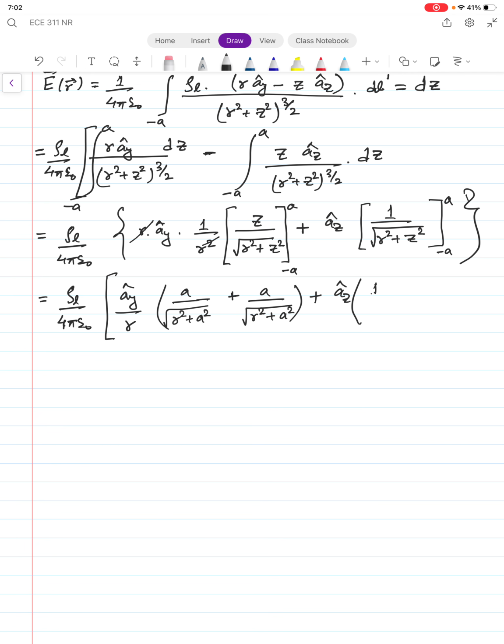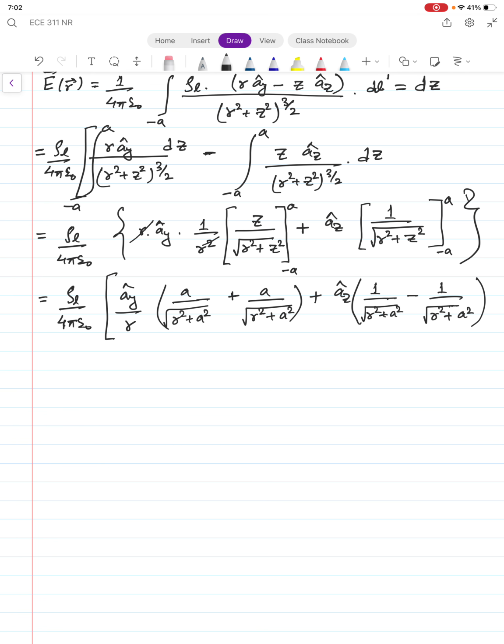Okay, applying the first limit, 1 divided by square root of r square plus a square minus 1 divided by square root of r square plus negative a square, which is again a square.